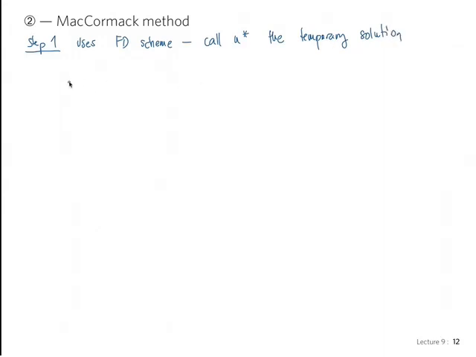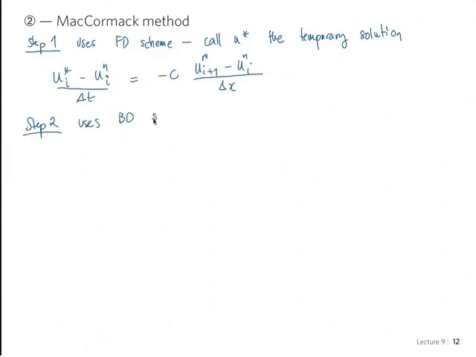So we use a forward difference, and we write (U star at i minus U^n at i) divided by delta t equals minus c times (U^n at i plus 1 minus U^n at i), both of these at time n, divided by delta x. And step 2 uses a backward difference scheme with time step delta t half.